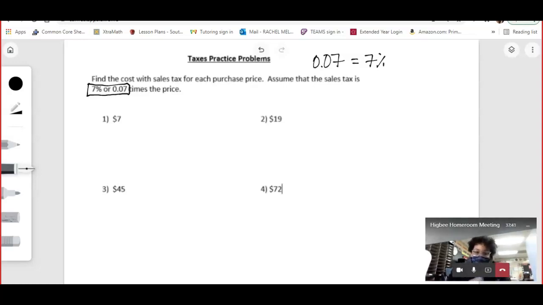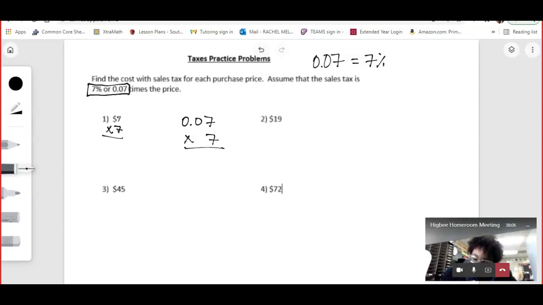Multiply $7 times 7%. Remember in the video, I can do 7/100 times 7, or I can just do 7 times 7 and then deal with the decimal. Either way works.